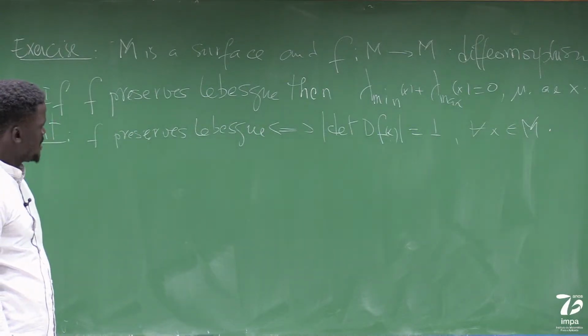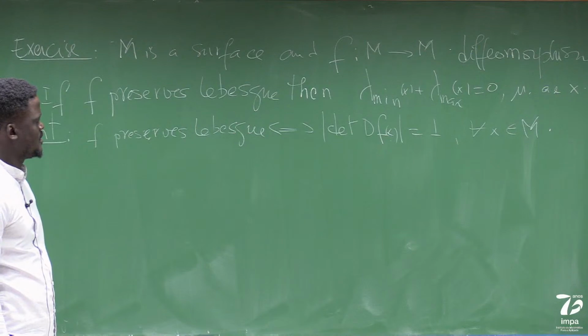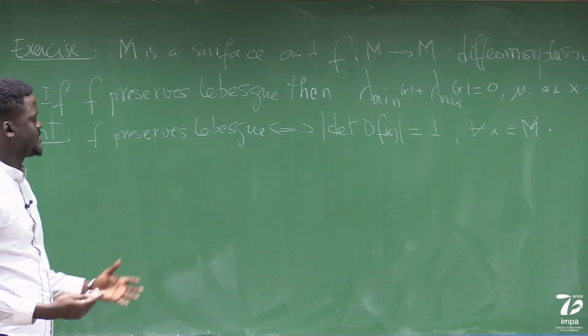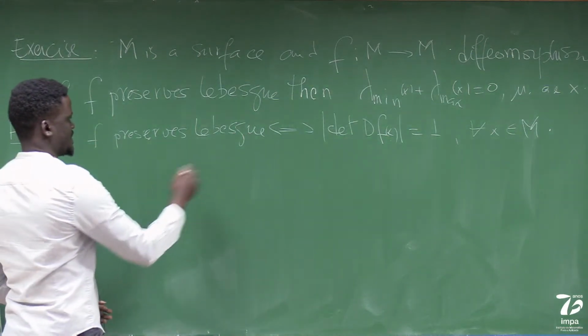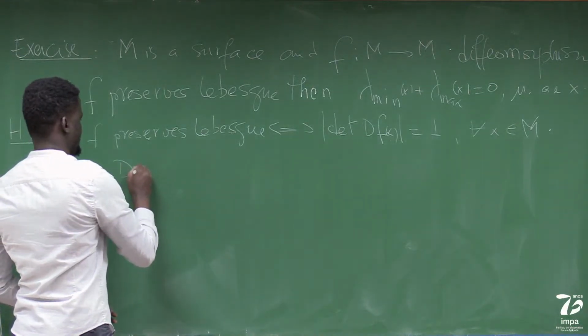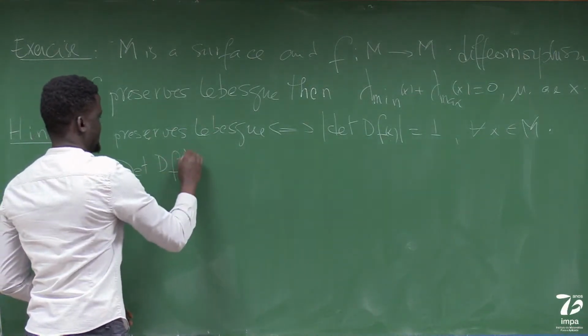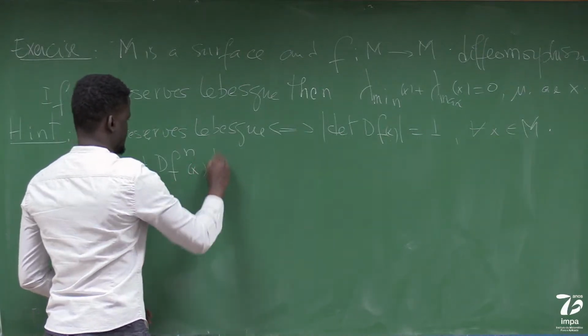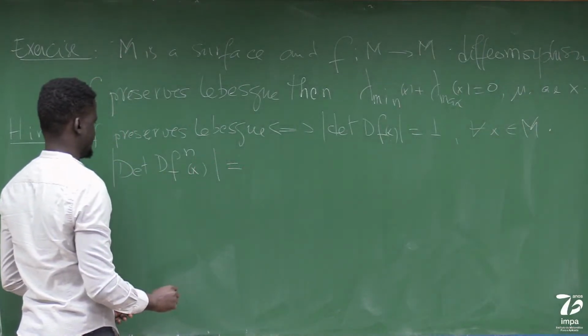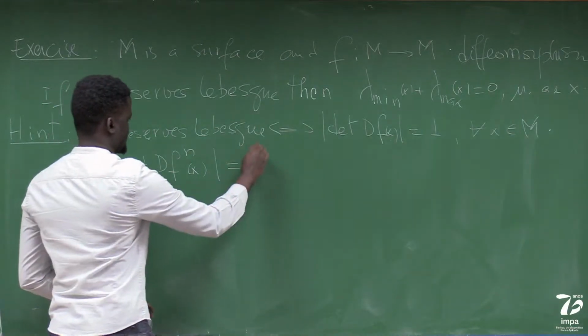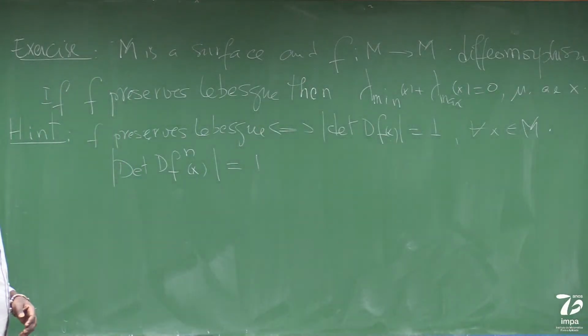So the determinant of dF is 1, so also the determinant of dF^n at x is 1, because the determinant is multiplicative. Okay, when you take the composition, it is a product of determinants, which is 1 for all x.